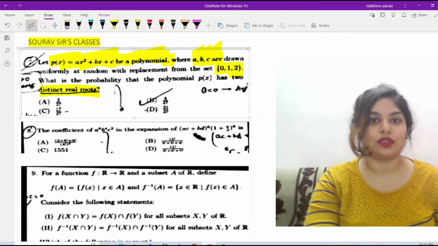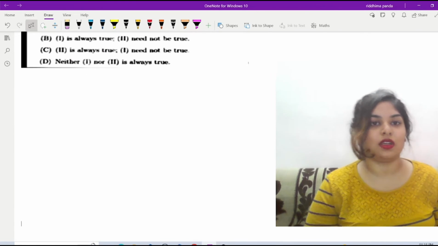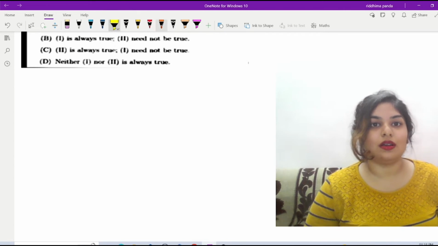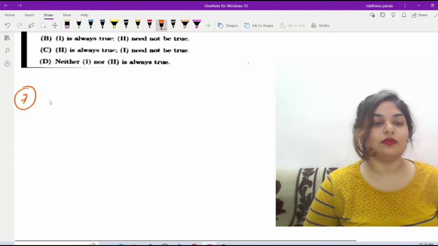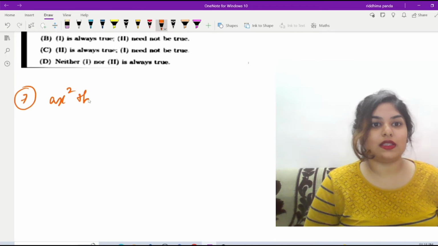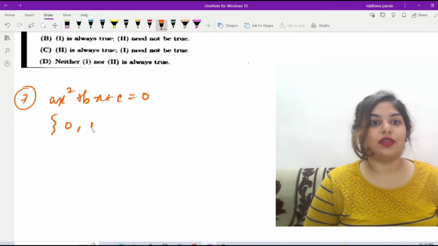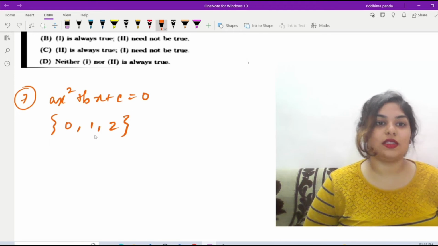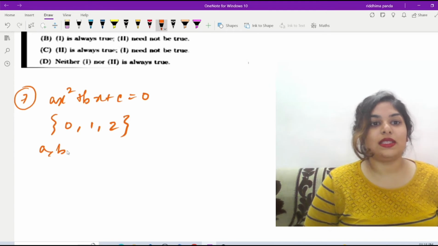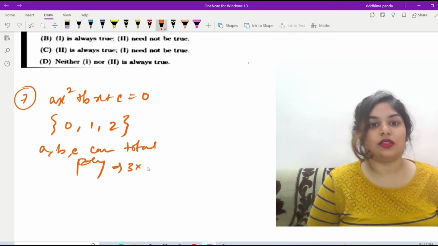Now let us try to solve this question. First of all, let us write down what we are given. The polynomial that is given is ax square plus bx plus c equals 0. The numbers from which a, b, c can be drawn are 0, 1, 2. Now a, b, c can take total polynomials as 3 into 3 into 3 equals 27.